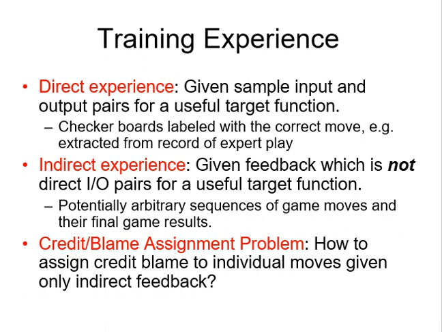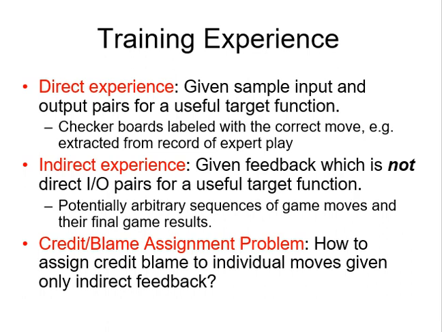In indirect experience, the feedback given is not direct for a useful target function. For example, a sequence of game moves and their final result. In this experience, they have given only a sequence of game moves and the final result. They have not given the correct moves, but in direct experience, they have given the correct move.